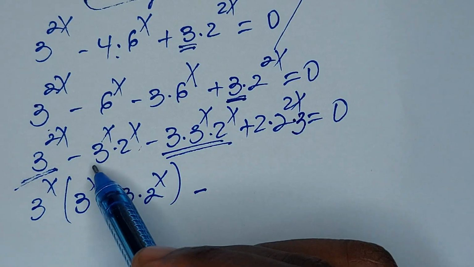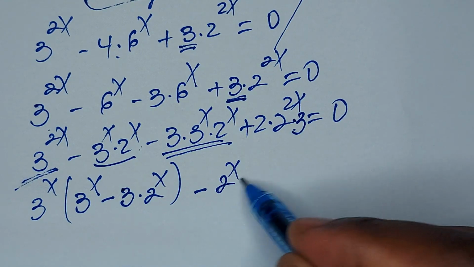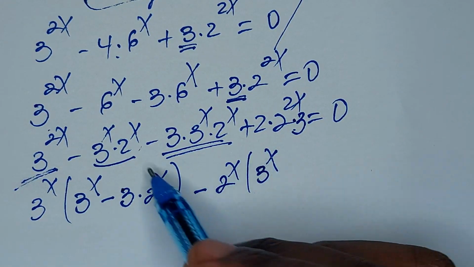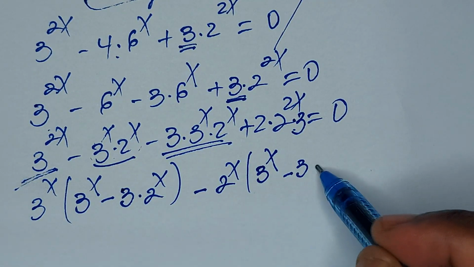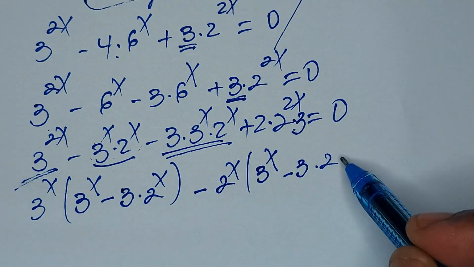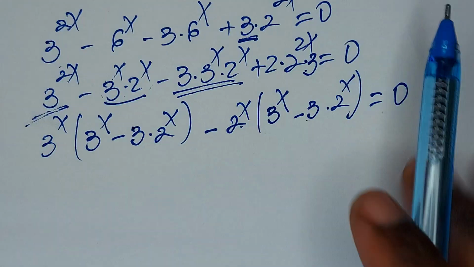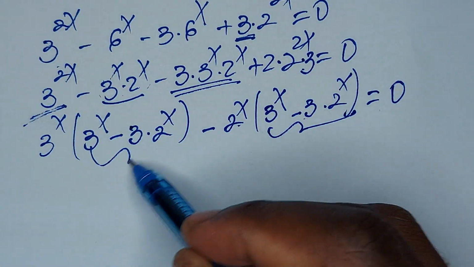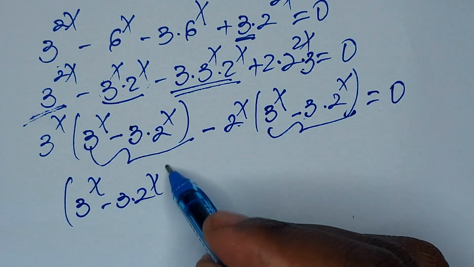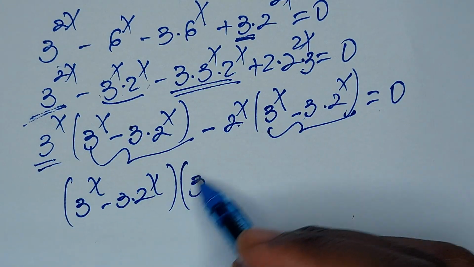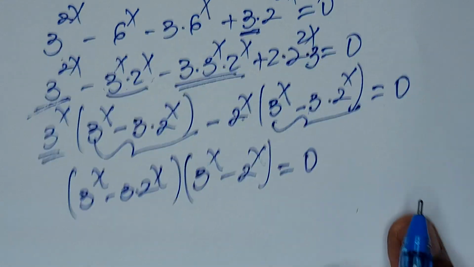So I have 2 to the x, which multiplies 3 to the x, and minus 3 times what is left in here, 2 to the x, equals 0. Now this one and this one are the same, so we have 3 to the x minus 3 times 2 to the x multiplying 3 to the x minus 2 to the x, and this is 0, guys.